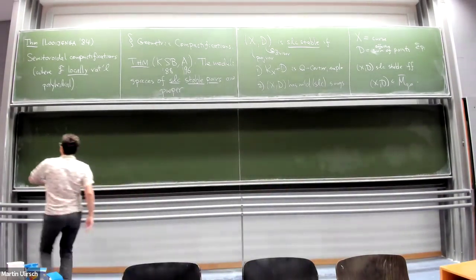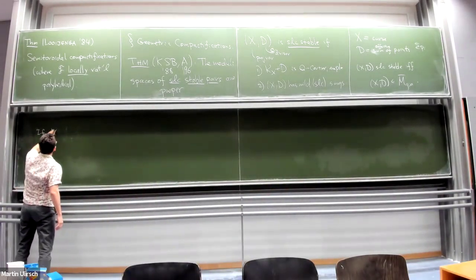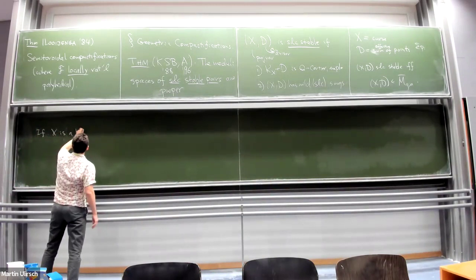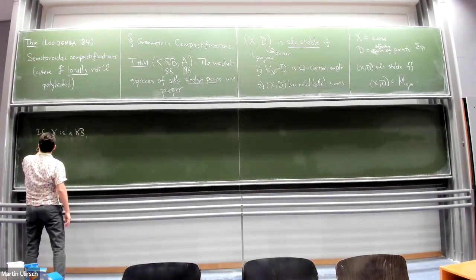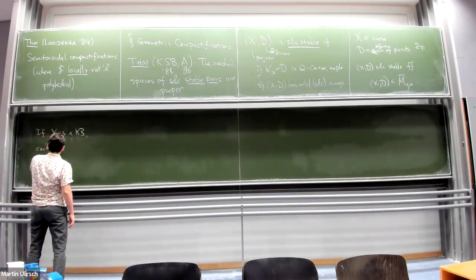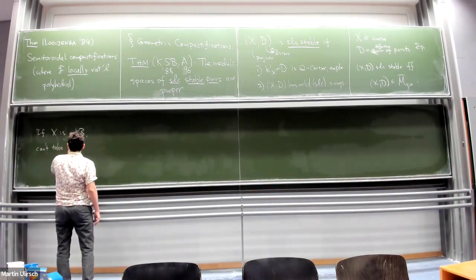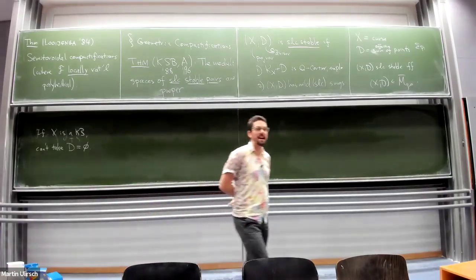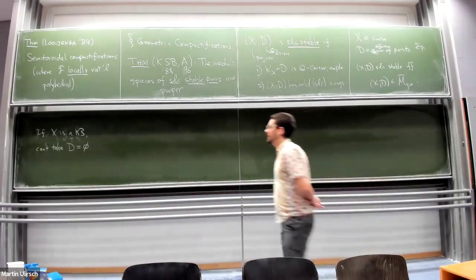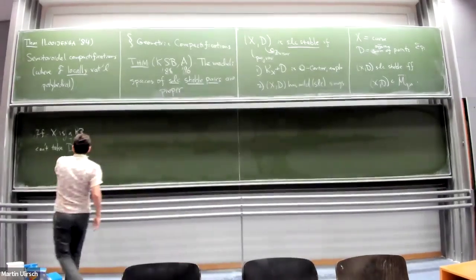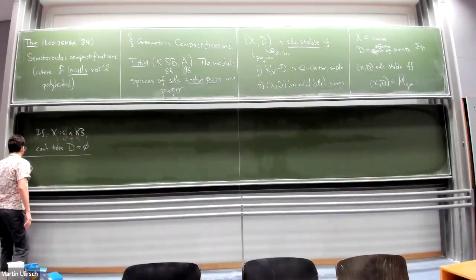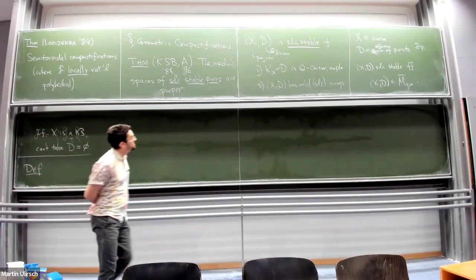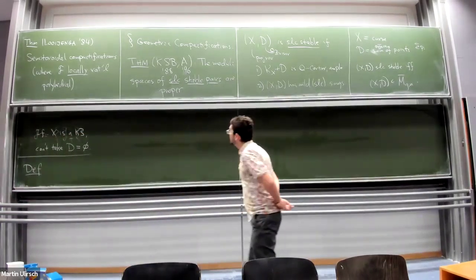So if X is a K3, you can't take the divisor D to be empty, right? Because then K_X plus D won't be ample, right?